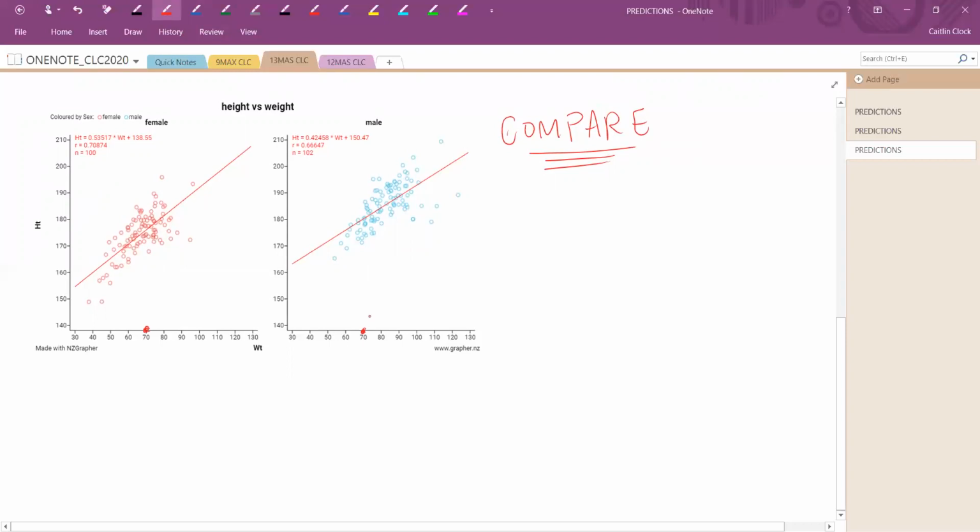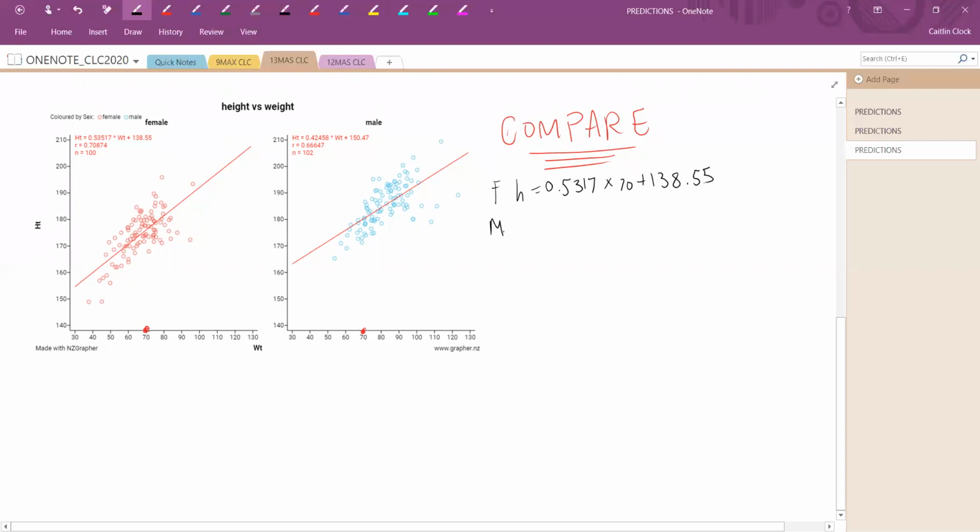Okay, so we're taking these new equations and we're going to plug in 70 into each one of these equations. So for the female graph, we have that the height equals 0.5317 times 70, which is the weight, plus 138.55.